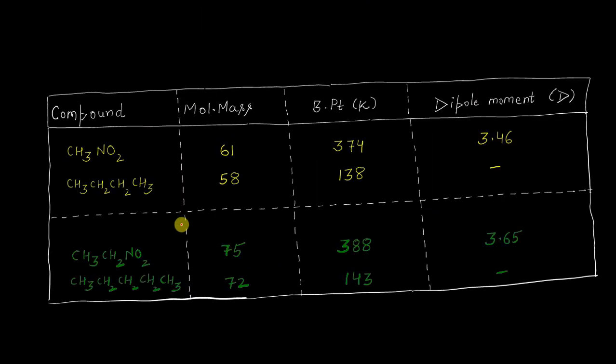If we take a nitro compound, say this one, the nitromethane, and some hydrocarbon of comparable molecular weight, you can see here the molecular weights are quite close. You can very well see the difference in their boiling point, where the nitro compound is showing a boiling point of 374 Kelvin.